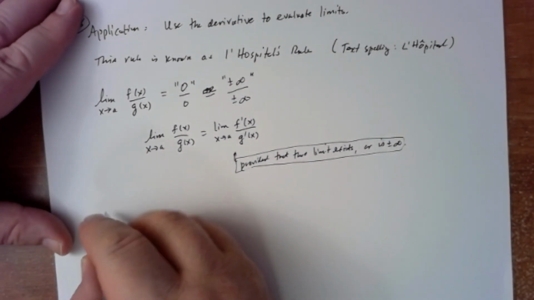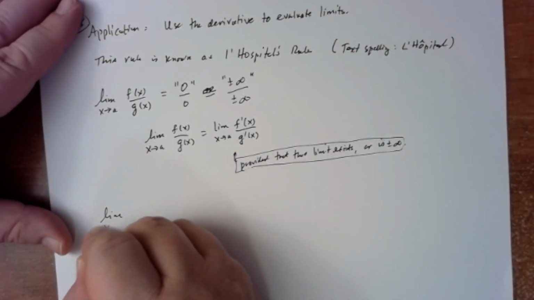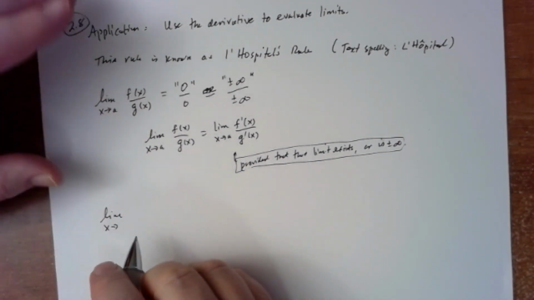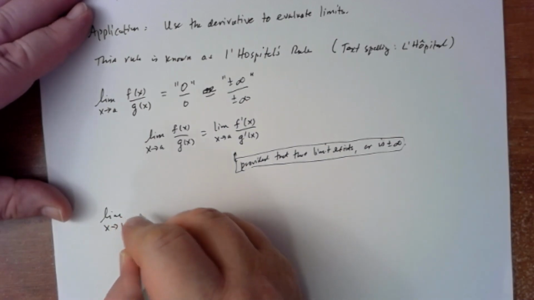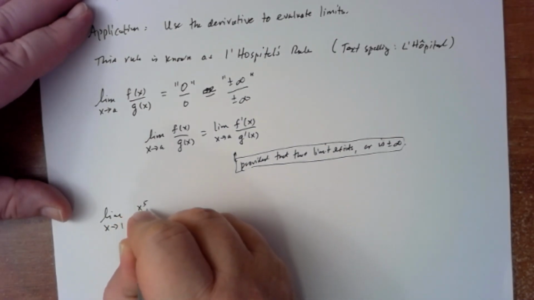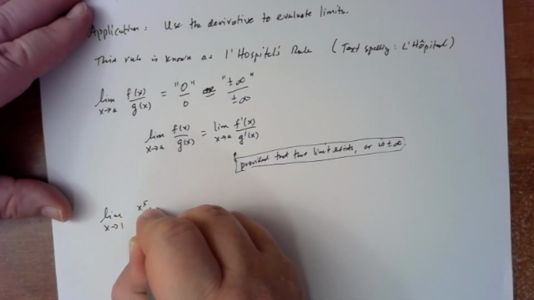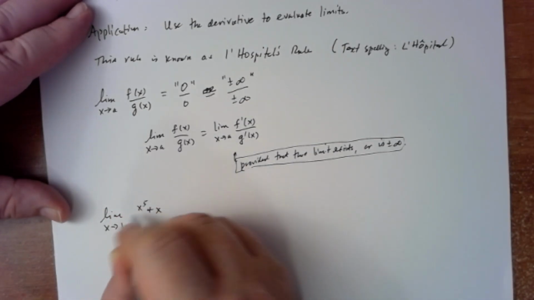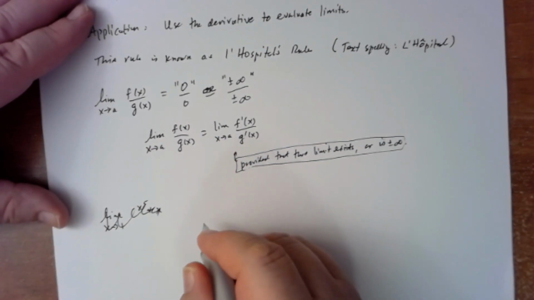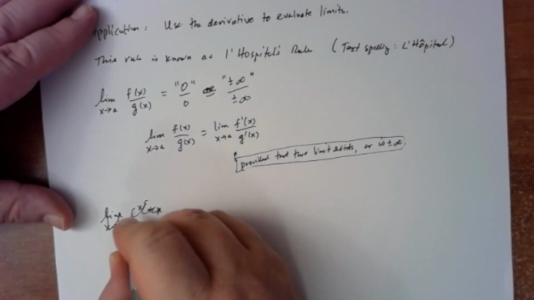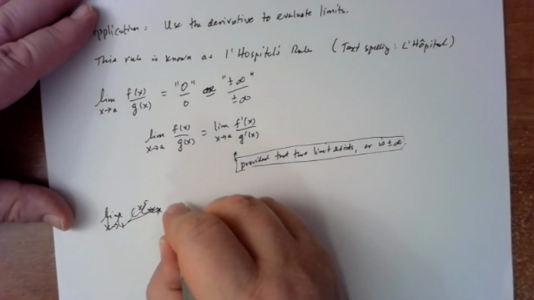Suppose we have the limit as x approaches 1 of, let's say, x to the 5th plus x. Oh, I don't want to do that. Sorry, I was just writing this from the book, but it's not a very nice example in the book.